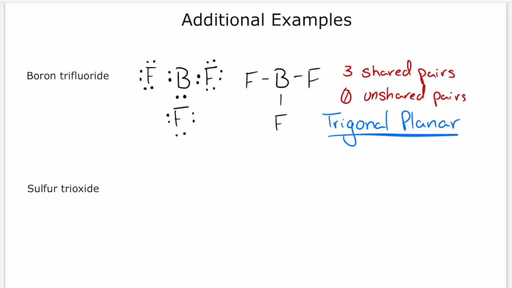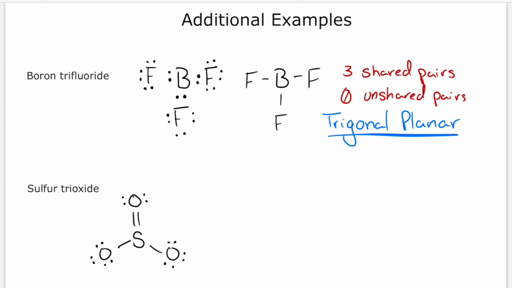Our second example is sulfur trioxide. Sulfur has 6 valence electrons, and so does oxygen. What that means is that one of the oxygens is going to need to have a double bond with sulfur, and the other 2 will have a single bond with sulfur.